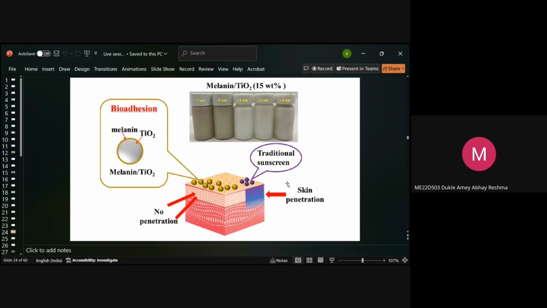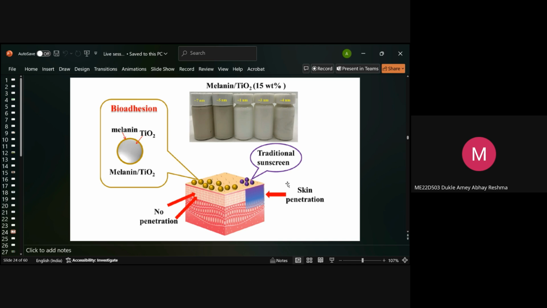It should not penetrate through the skin pores. The traditional sunscreen would just go inside the skin, and because many sunscreens are actually carcinogenic in nature, they would cause a lot of problems. But TiO2 is bigger than the skin pores, so it would just stay on the skin and actually work as sunscreen.